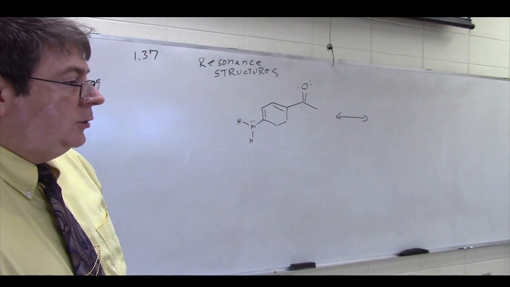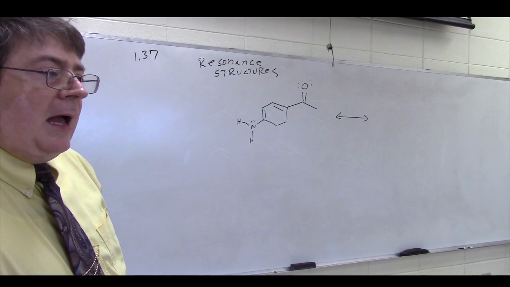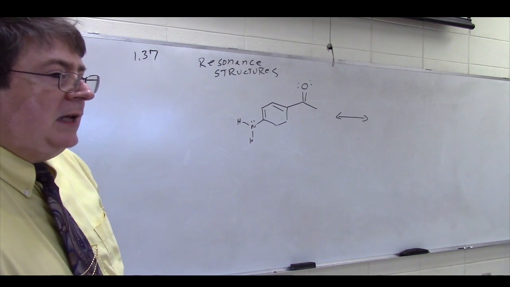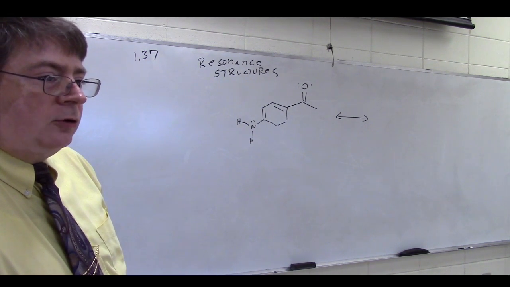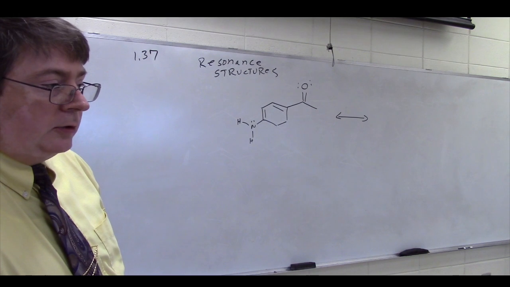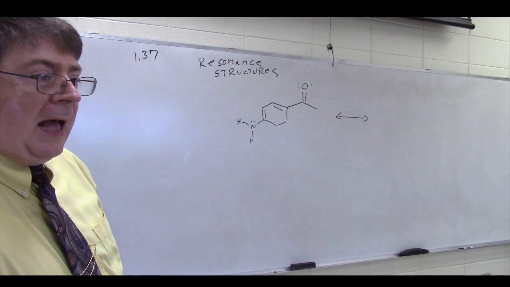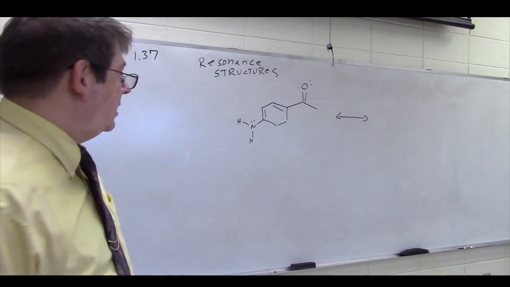We assign them to individual atoms, right? But resonance theory helps us correct a defect in that thinking. Certain electrons, not all electrons, can actually belong to more than one atom in a molecule. That's what a resonance structure really tells us.